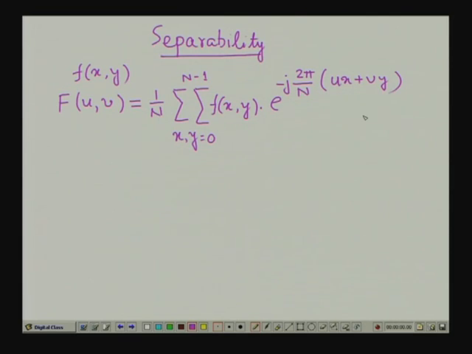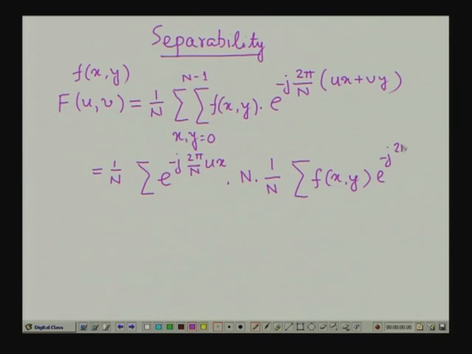If I rearrange this expression, it can be written in the form 1 upon capital N, summation of e to the power minus j 2 pi by capital N u x, multiplied by capital N, and then 1 upon N, again a summation of f x y e to the power minus j 2 pi by capital N v y.